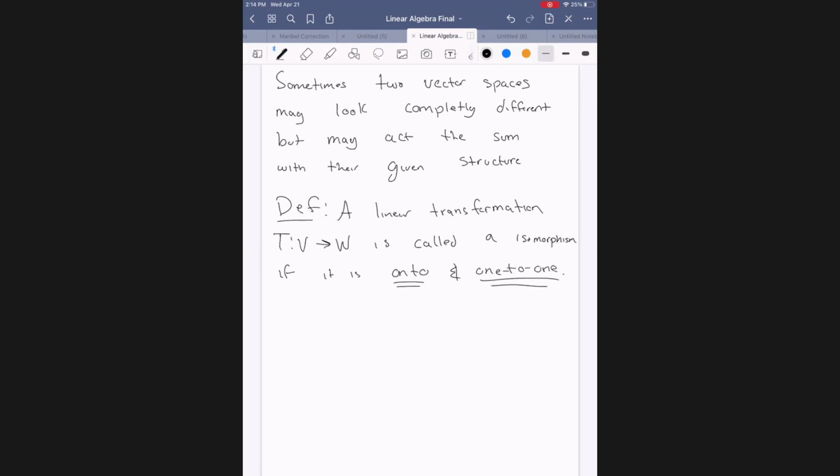Again, the definition is kind of wonky, but basically what it's saying is the following.